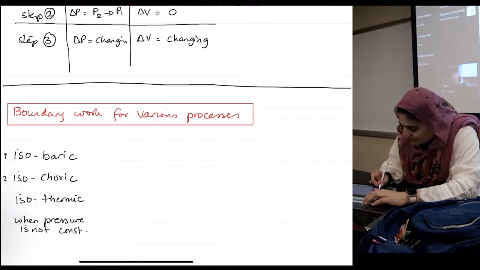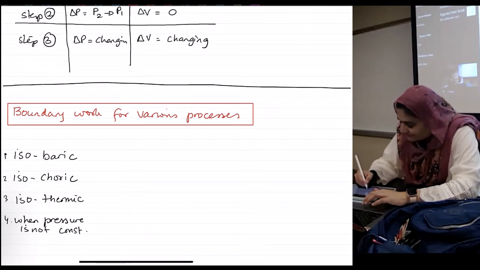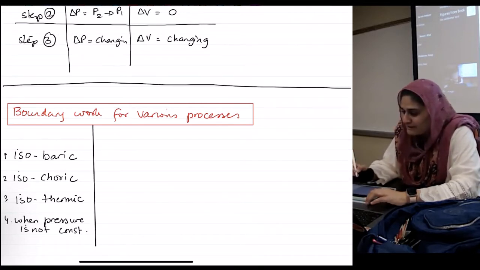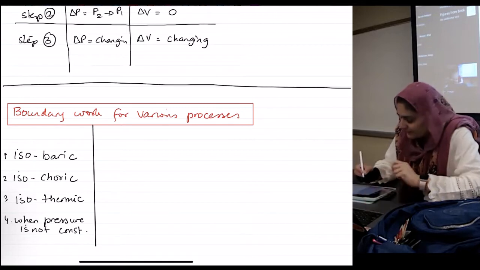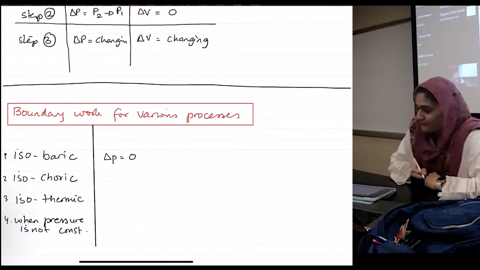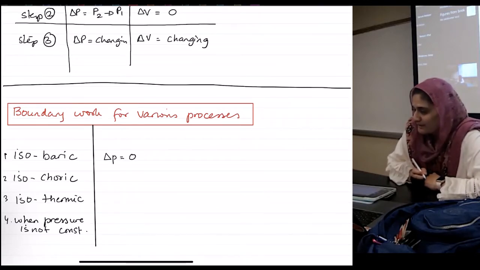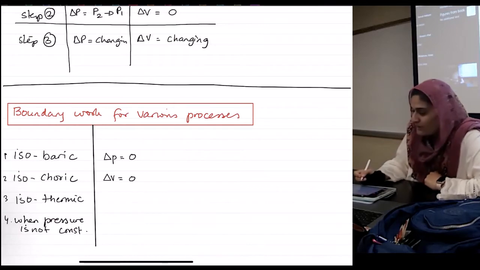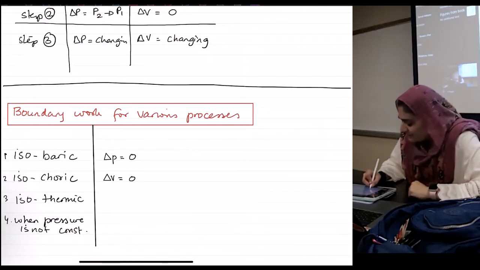Constant. 1, 2, 3, 4. Okay. What does isobaric mean? Okay, that means isobaric means delta P is 0. What does isochoric mean? What does isothermal mean?